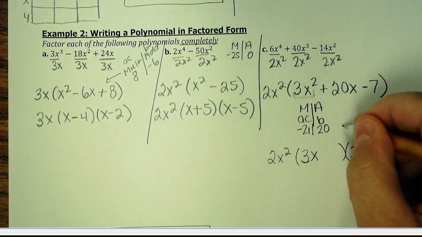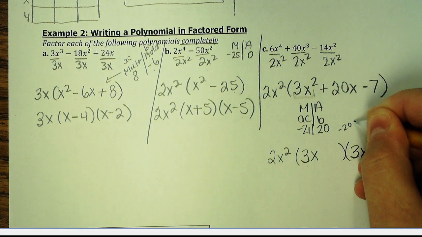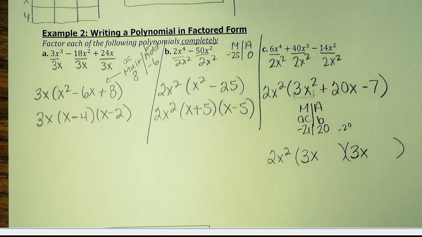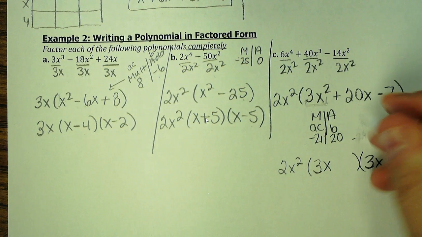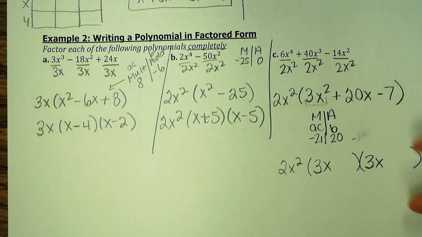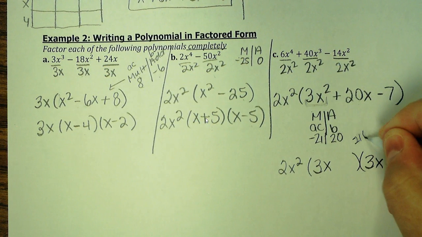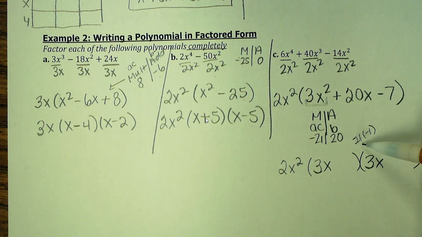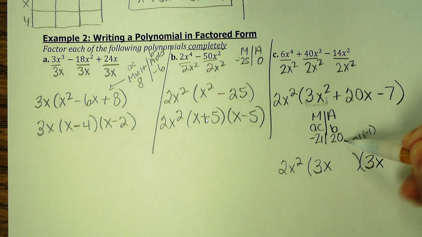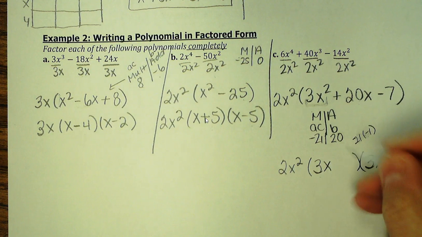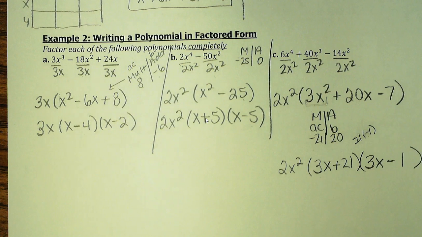I'm going to say that's going to be -20 times 1. No, that's not going to work. What am I thinking? Okay, multiply to get -21. So let's do 21 times -1. And then 21 times -1 will multiply to give me -21, and that will add up to 20. So it doesn't matter, in one of these put a +21, and in the other, put a -1.